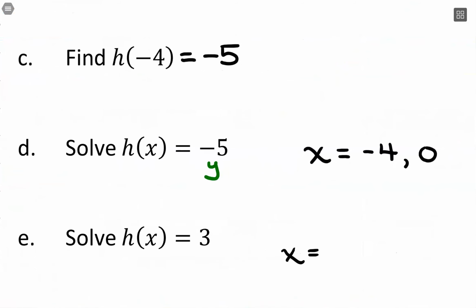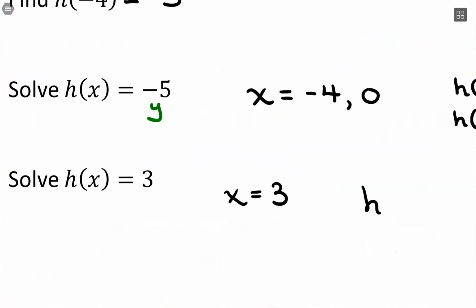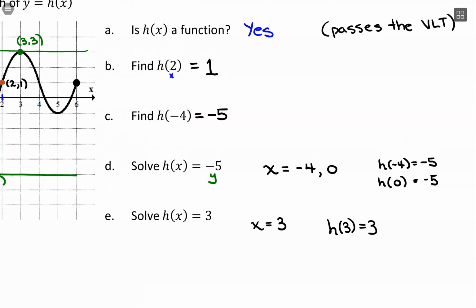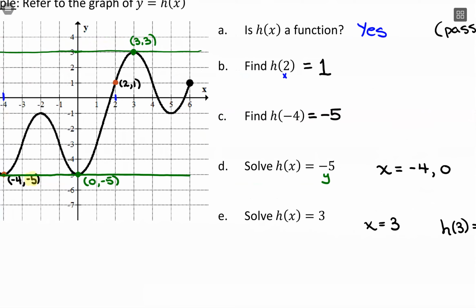So x equals positive 3. So we have this relationship that h of 3 is equal to 3. So that's how we can use our function notation with a graph. It comes to reading coordinates. Just need to keep straight which is your x value and which is your y value and which are they asking for.